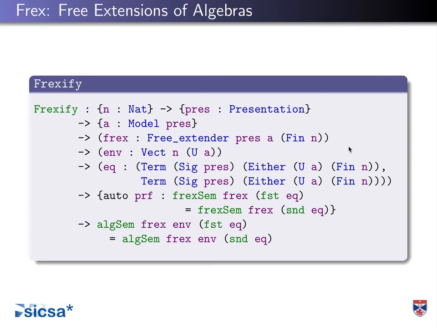So the type, at first it looks a little bit scary, but it's really just encoding what I've described here. So we've got a Frexlet, which is describing properties of our algebra. We've got an environment, so we basically say what the variables are that we have in our equation. So this is going to be our start and parity, for example, and then representations of the equations.